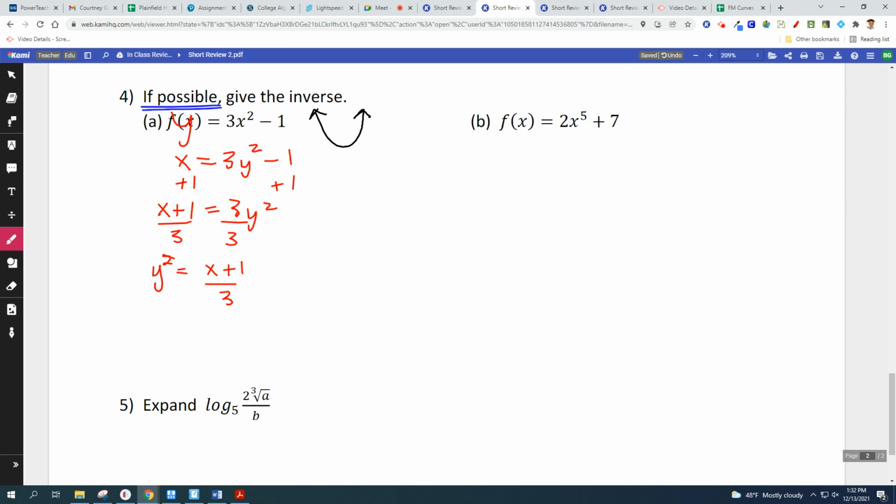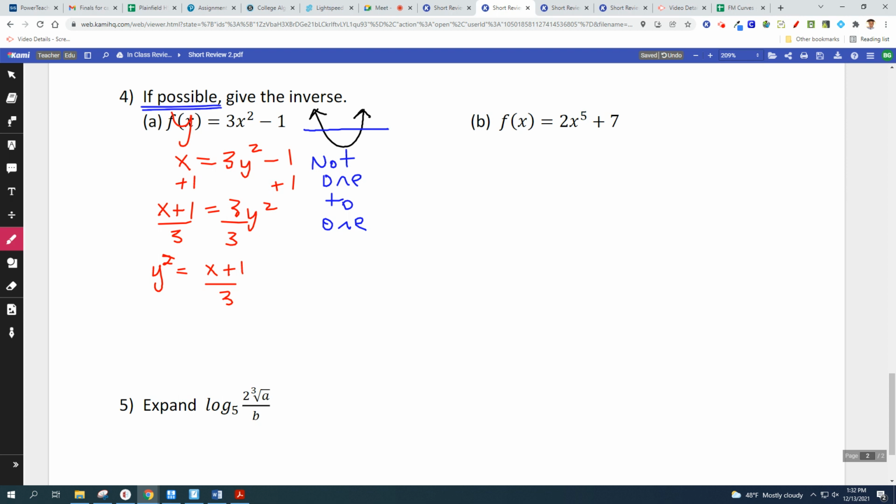Okay. And you probably forgot about this, but how you can tell it's not possible here is it doesn't pass the horizontal line test. A function has to be one-to-one. This one is not one-to-one. And so there's no inverse. The inverse does not exist.